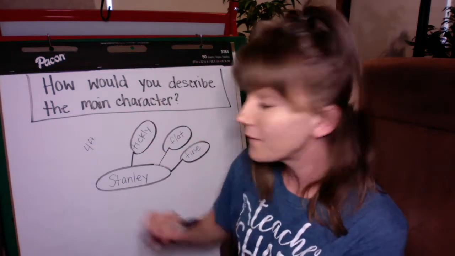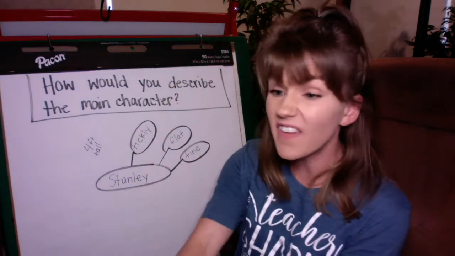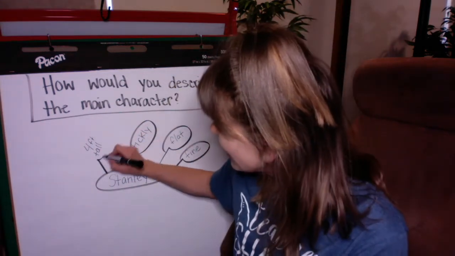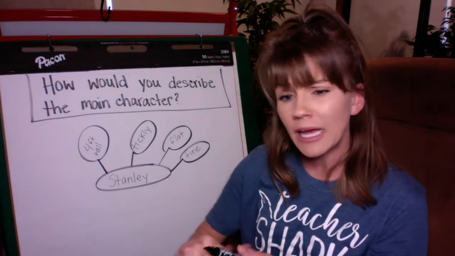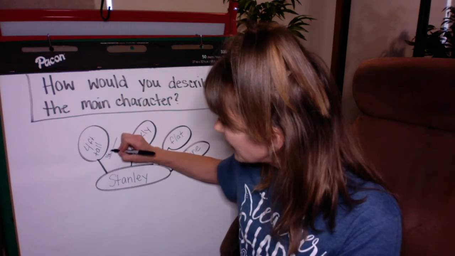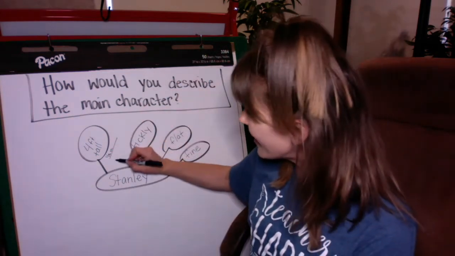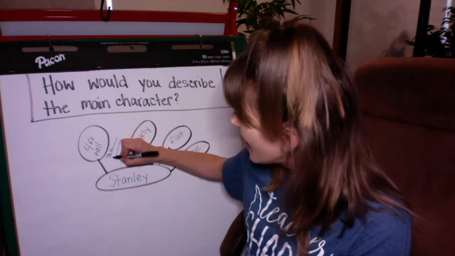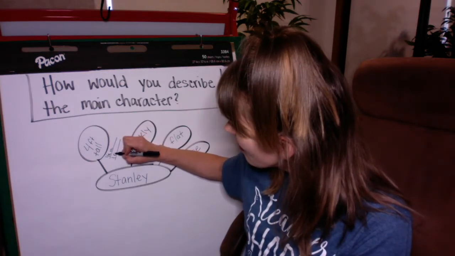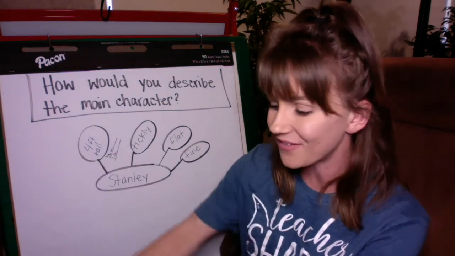He is 4 feet tall. Now, if we wanted to, we could add a tell me more here, and our tell me more could be half inch thick. Holy moly! And we could also add another tell me more and write 1 foot, because he was 1 foot wide. Don't forget that, friends.